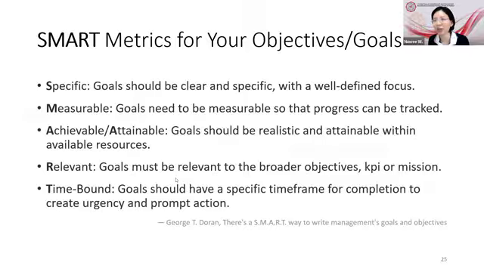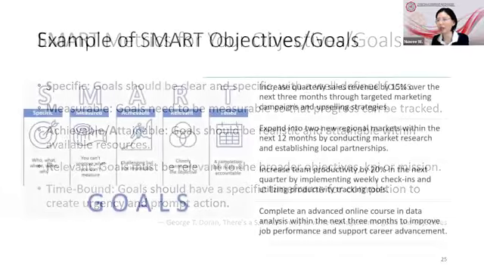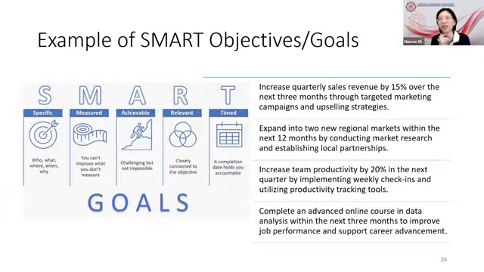So let's see the example here. SMART, S-M-A-R-T. For example, if we are in the sales department, we may come up with a SMART goal that says, okay, we want to increase quarterly sales revenue by how much? 15%. Okay, 15% is measurable. It's very specific. We need sales revenue.